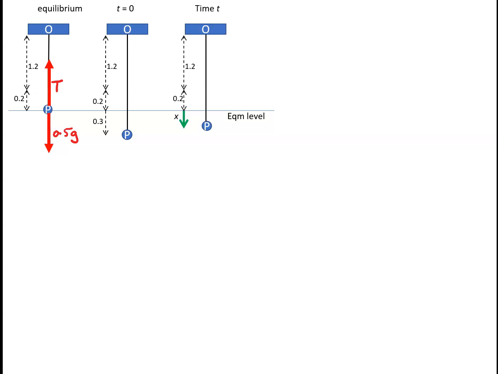At my arbitrary time t, I'm showing the particle at a distance x below the equilibrium level. So I'm regarding movement downwards from the equilibrium level as being my positive direction for the displacement. And if that's the positive direction for the displacement, it must also be the positive direction for the acceleration. So we've marked x double dot on. Putting the forces on, I've got the weight and the tension.